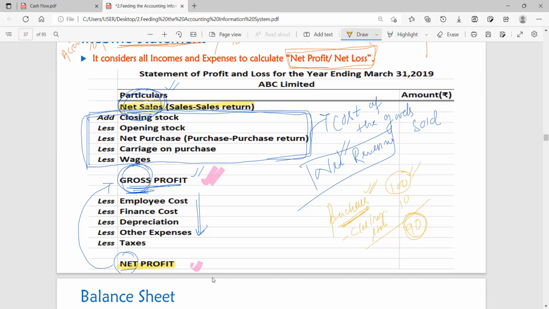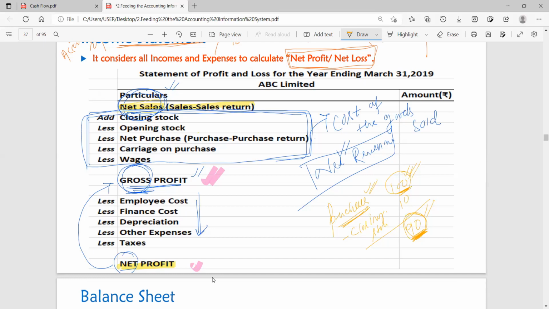Therefore, when subtracting from the sale value, we would not subtract the 100, because the 100 is not sold out. There is still 10 out of the 100, and we really sold 90. So 90 is the cost of the goods which are sold.